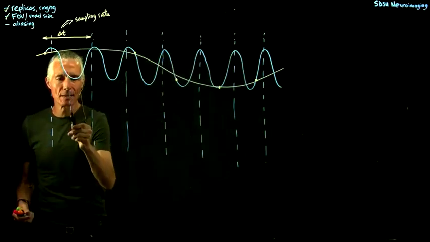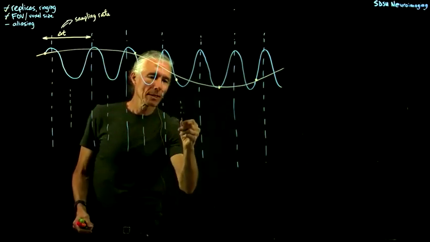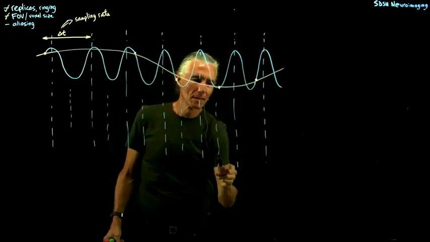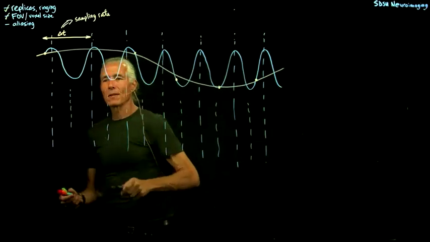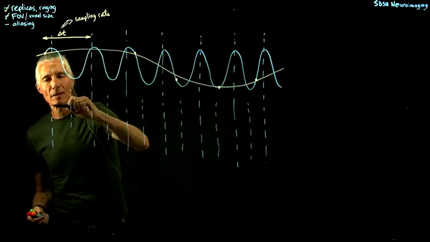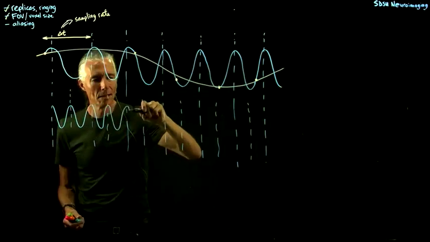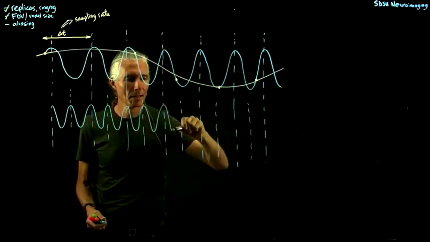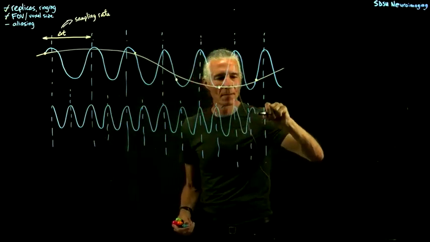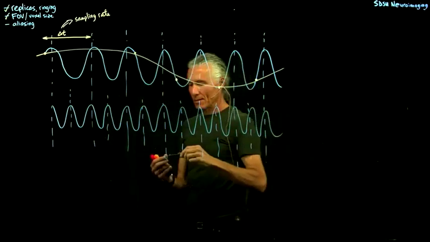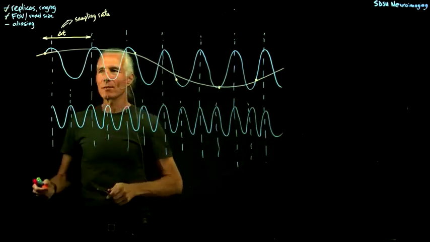Now let's see what happens if we have a higher frequency. Let's make a frequency that's twice as high. Here's that higher frequency. What happens when we sample that guy at our same sampling interval?